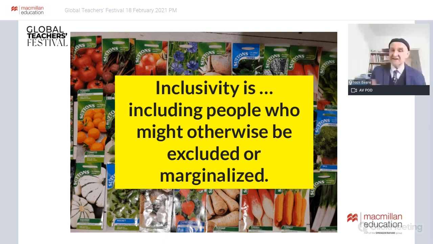And a lot of people in the class, whether they're little ones in junior 3, 4, 5, perhaps, or certainly in teenage years, might be feeling a little bit excluded, a little bit marginalized.